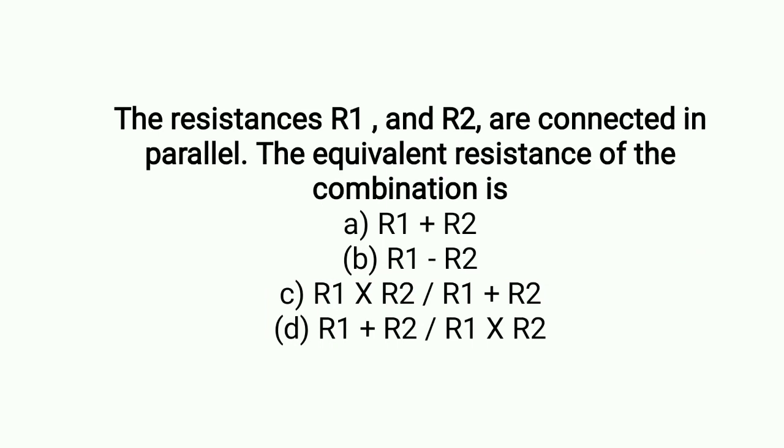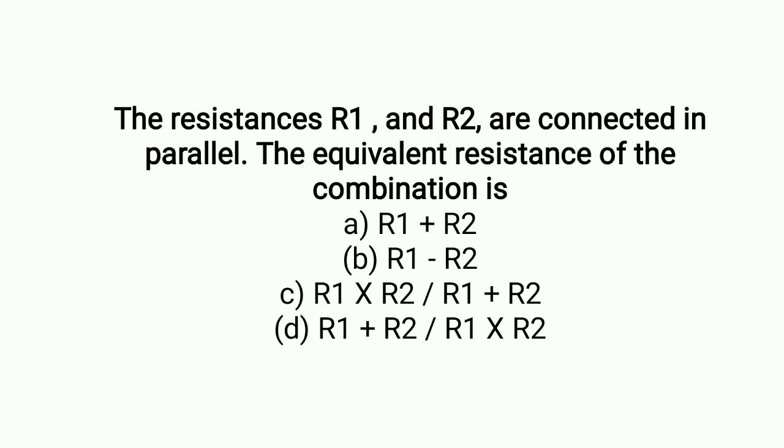Next question. The resistances R1 and R2 are connected in parallel. The equivalent resistance of the combination is option A R1 plus R2, option B R1 minus R2, option C R1 into R2 divided by R1 plus R2, option D R1 plus R2 divided by R1 into R2.